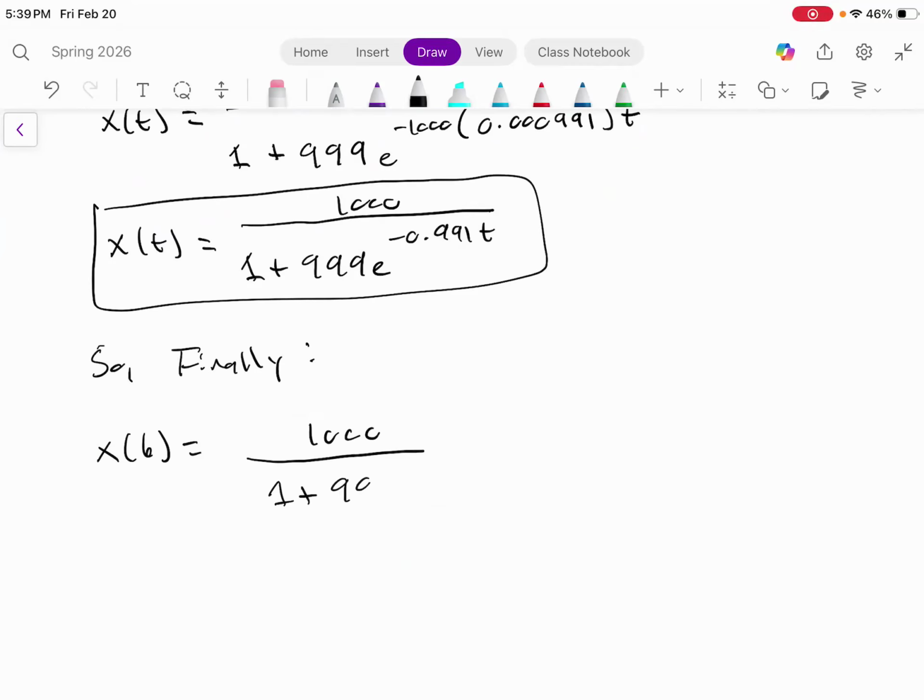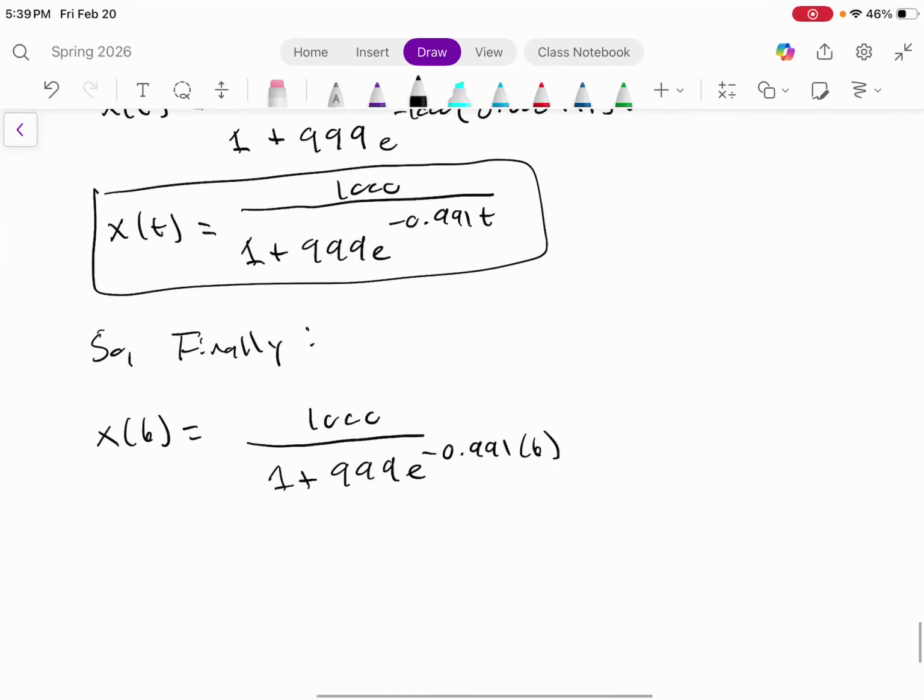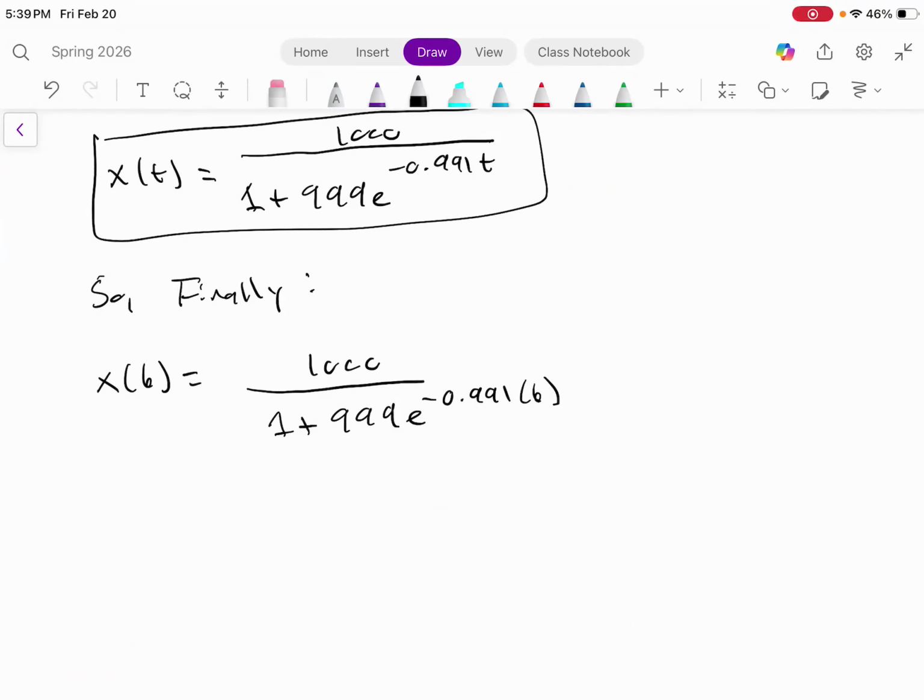1 plus 999 e to the negative 0.991 times 6. And essentially, we throw this in a calculator, we get approximately 276 students.